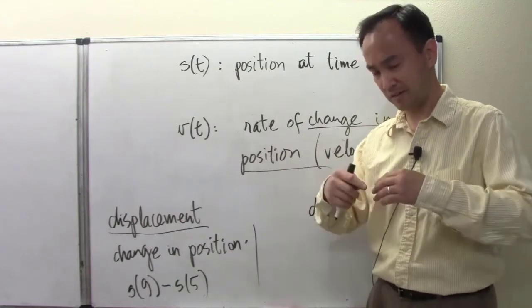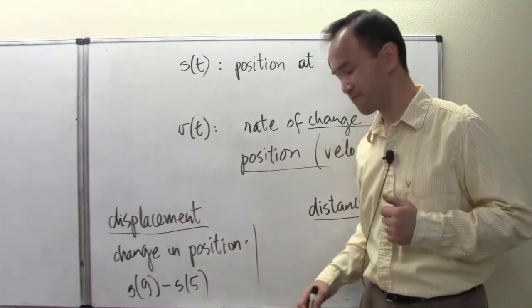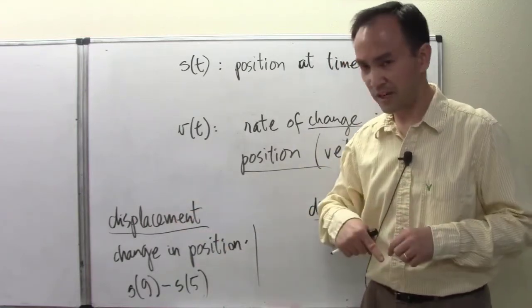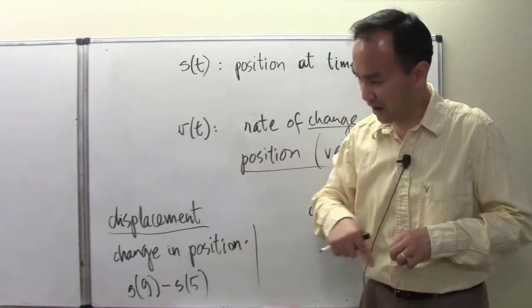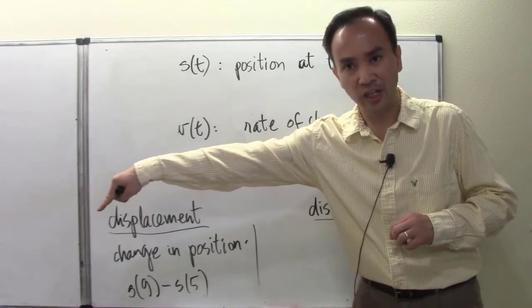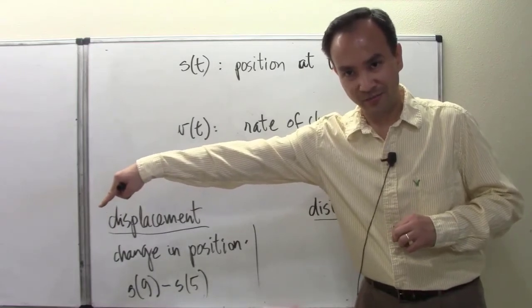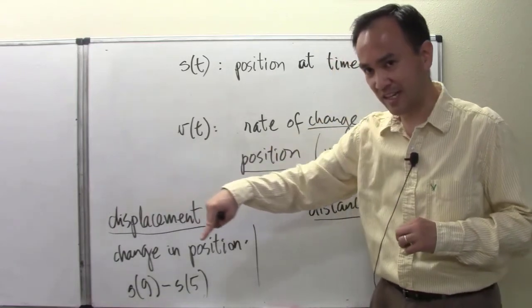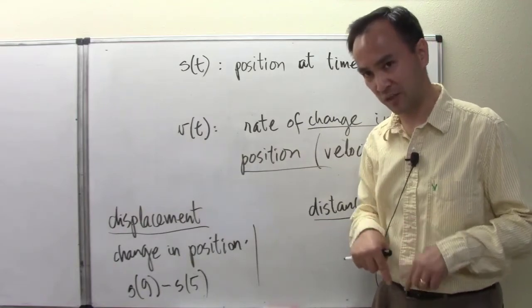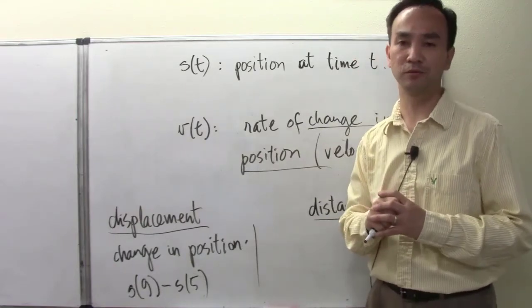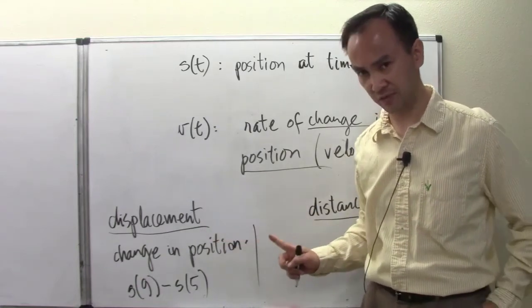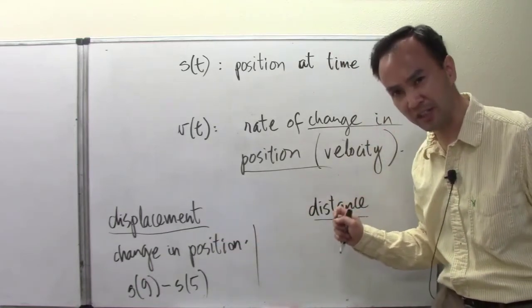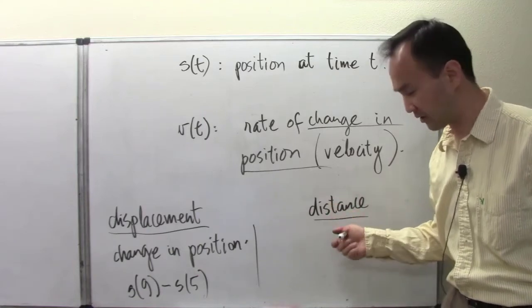Nope. My displacement was 0, but I traveled some physical positive amount of distance forward, and then the exact same amount backward to get back to my original position. So displacement is quite different from distance. Distance is the physical amount of distance that was traveled.